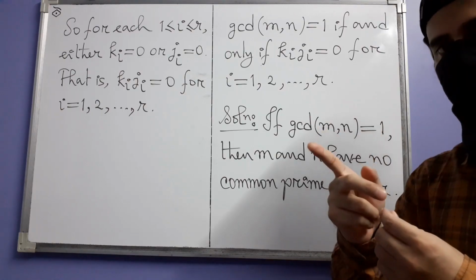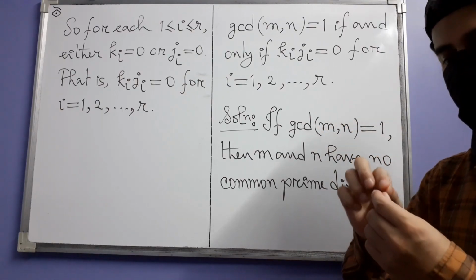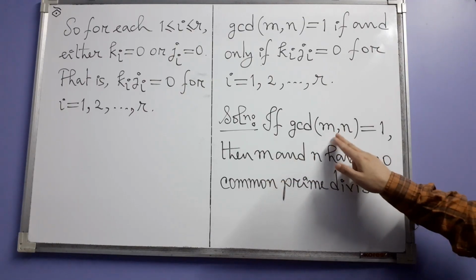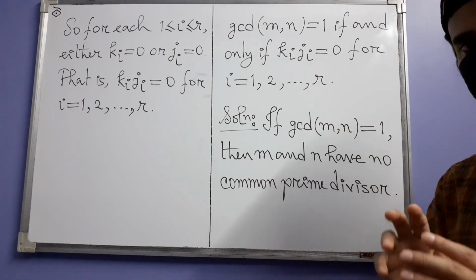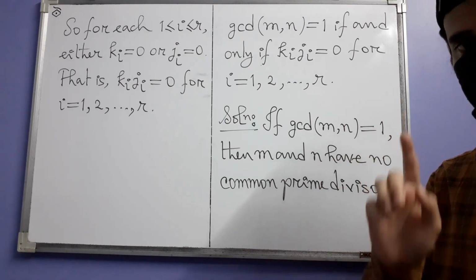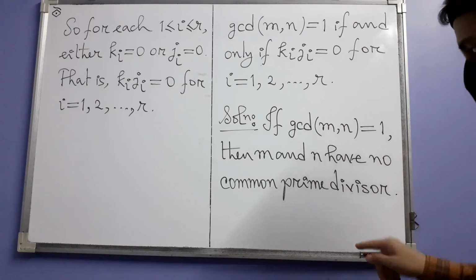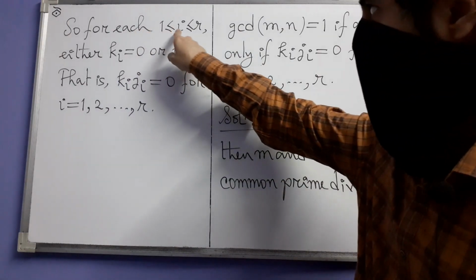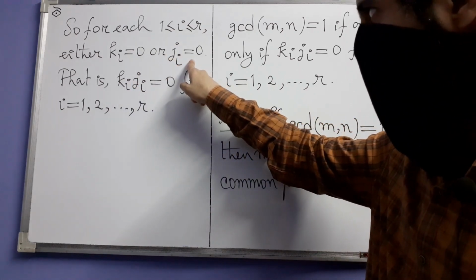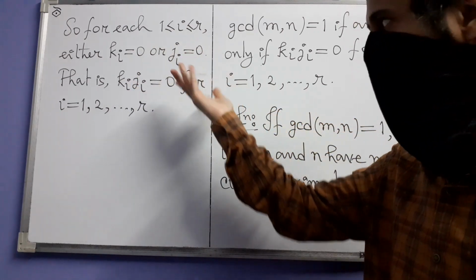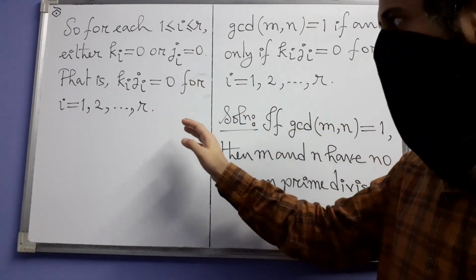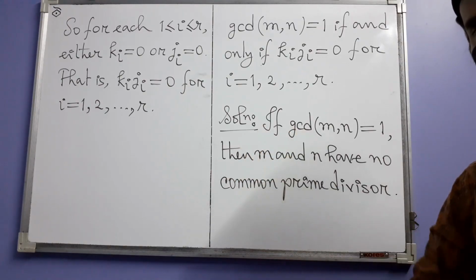If both of them are non-zero, that means pi divides both of them, but that should not happen if this is true, which means that both of them cannot be simultaneously non-zero. So at least one of them has to be equal to 0. So for each i, either ki is 0 or ji is 0. But then no matter what the case is, ki ji will be equal to 0. And that is one half of our claim.